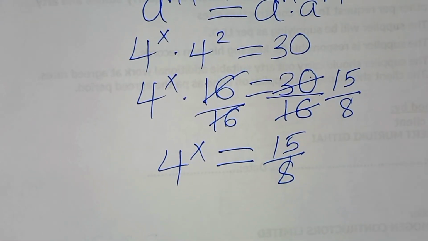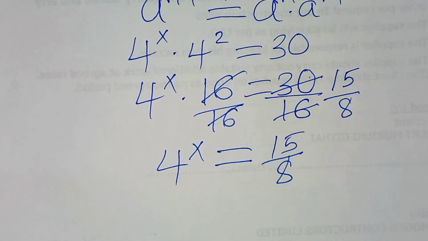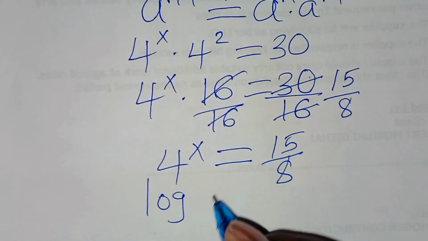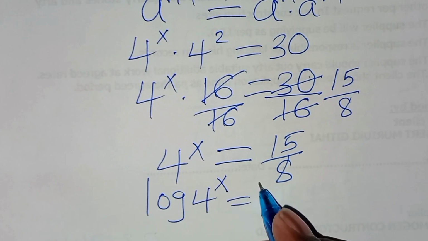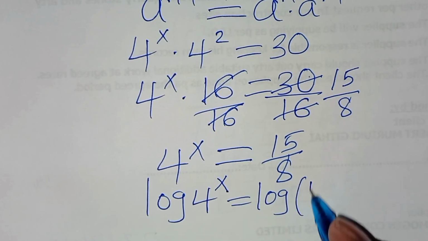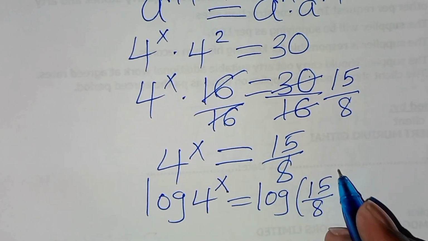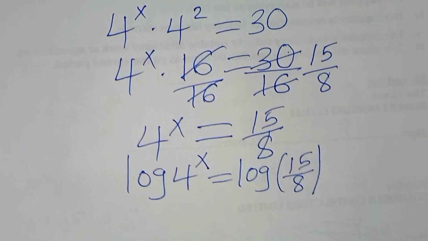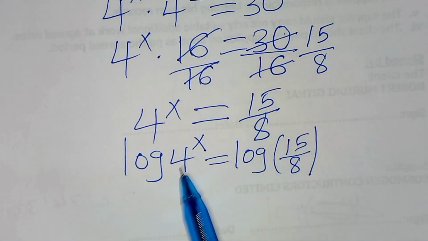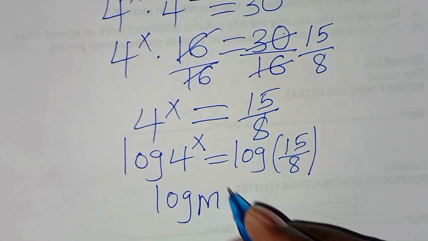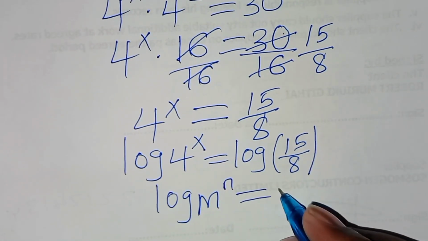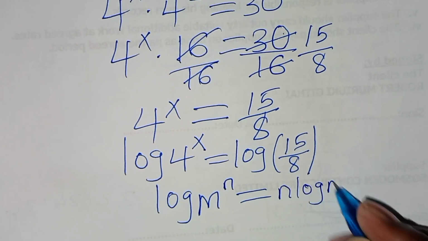The next step here, to solve for the value of x, we introduce the natural logarithm on both sides. So we'll have log 4 to power x is equal to log 15 divided by 8. The next step here, log 4 to power x, this is in the form of log m to power n, which we can express as n log m.